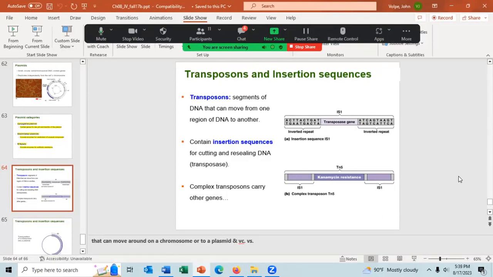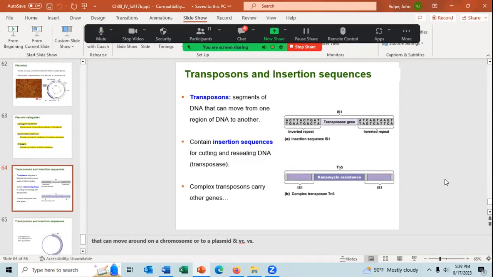Now in bacteria, a bacterium usually only has one chromosome. So usually a transposon moves from one location in the chromosome to another location. But it can move from the chromosome to a plasmid, or vice versa, from a plasmid to the chromosome.